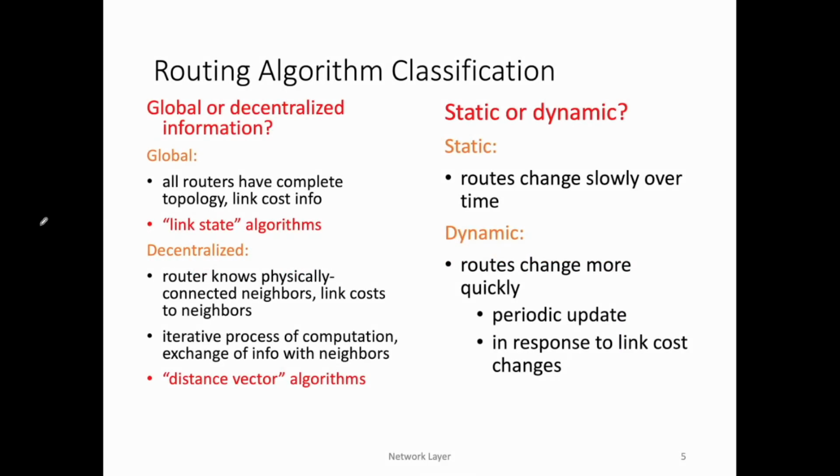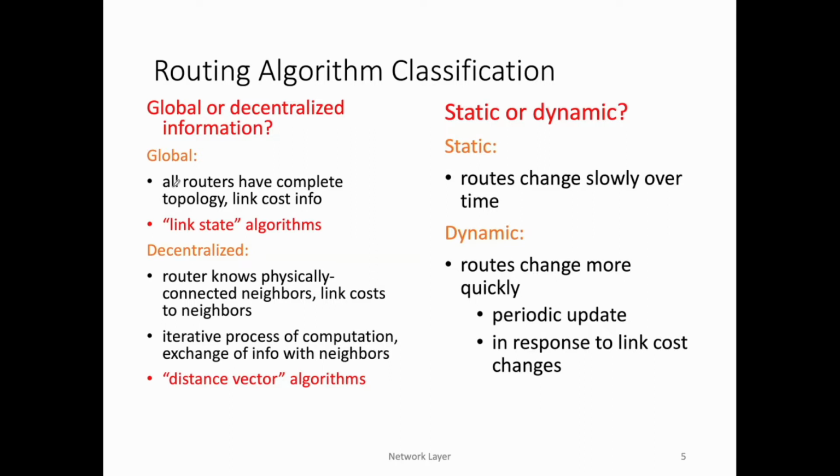So let's start with routing algorithms, and we can classify different routing algorithms into three different types. Two are listed on this slide. One is global or decentralized information. So either the routing algorithms are global in nature or are decentralized. When we say global, this means all the routers have the complete topology information, right?